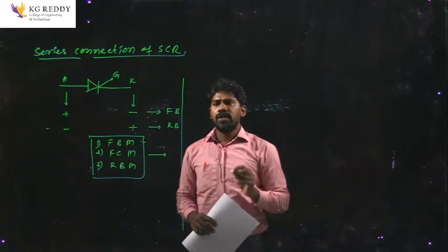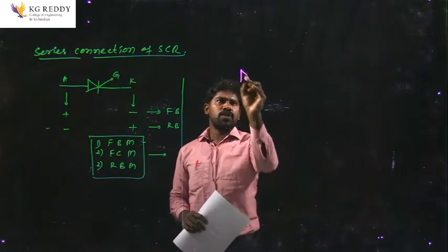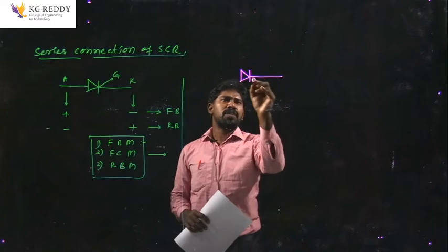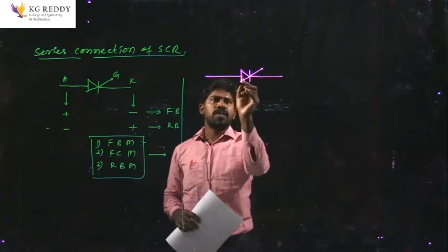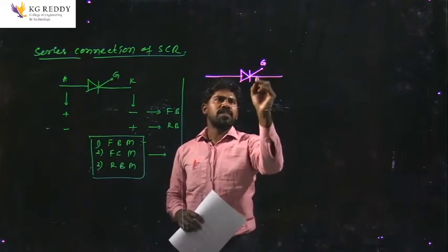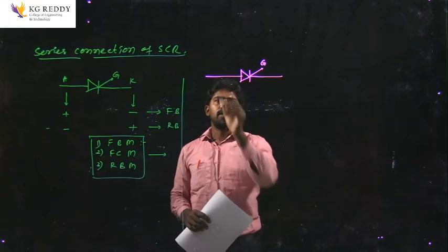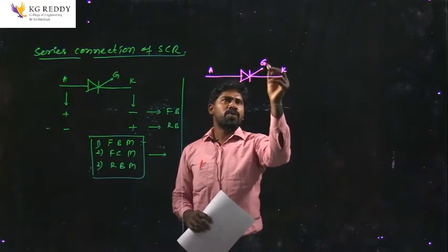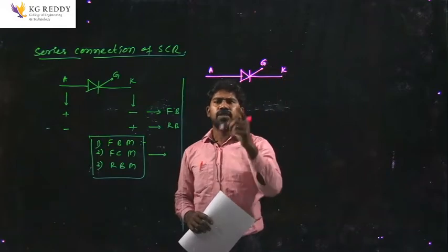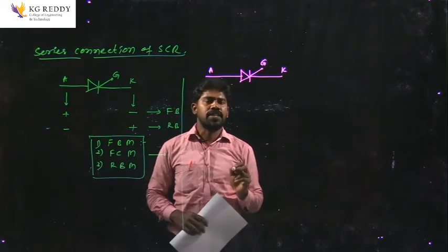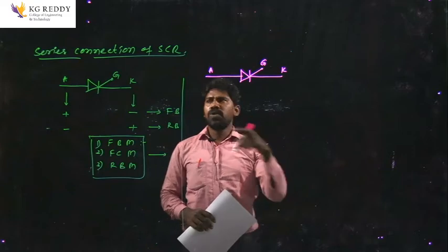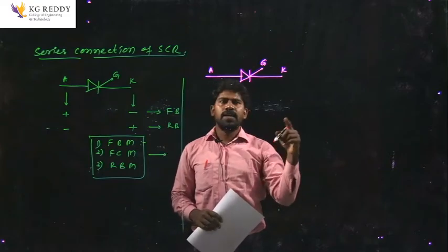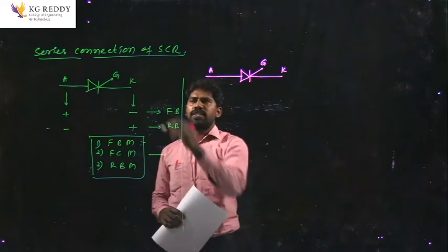Even when voltage is applied, the SCR will not conduct because it has a gate terminal. Whenever we provide the gate signal, only then the SCR will start conducting. If you want to increase the rating, we connect SCRs in series.